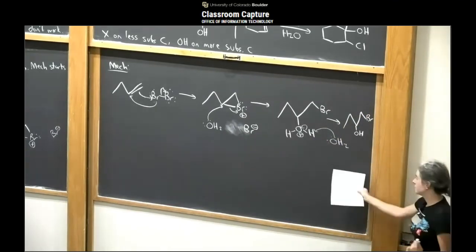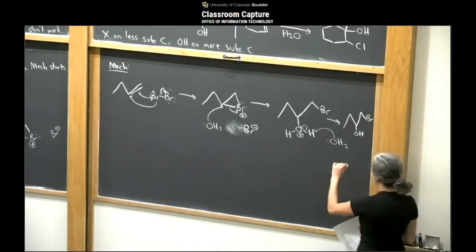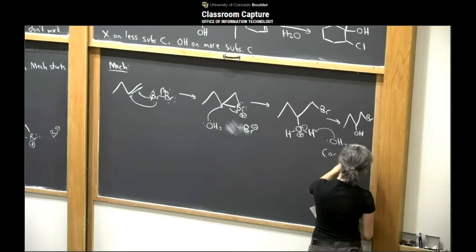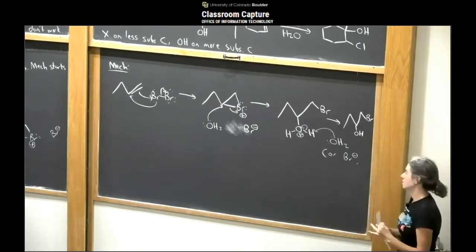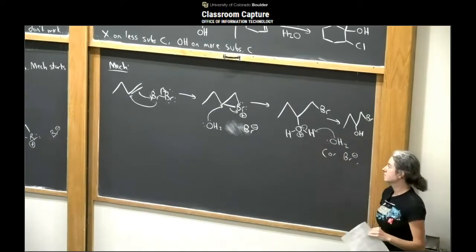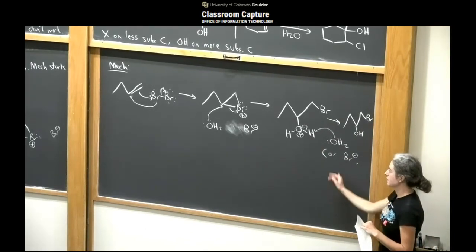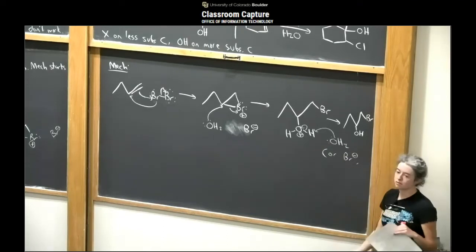Or you could show a Br minus coming in and doing it. Br minus as the base is less likely, but it does give you a balanced reaction where you're making a molecule of HBr overall.